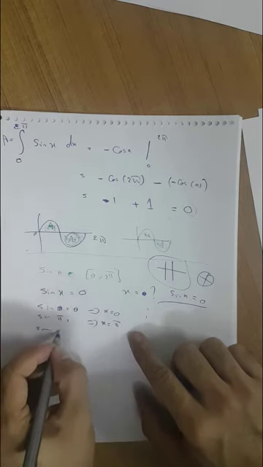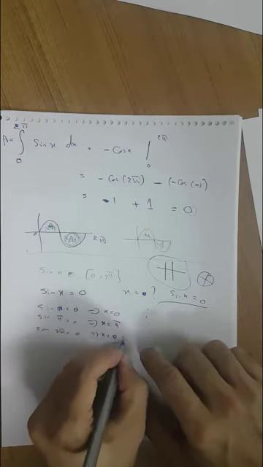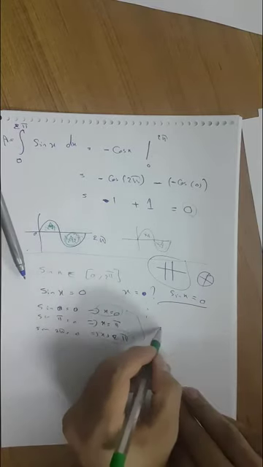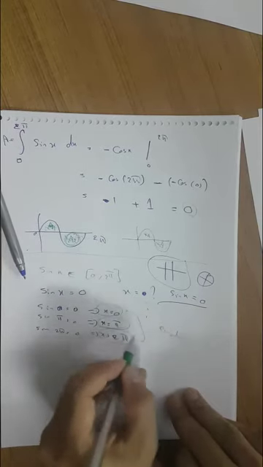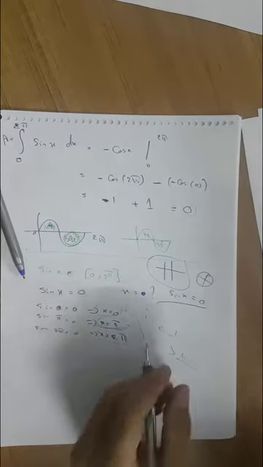Sine of 2 pi is also equal to 0, so x is 2 pi. But we know these are the boundary end points. How about the middle or interior points? We will take this one.